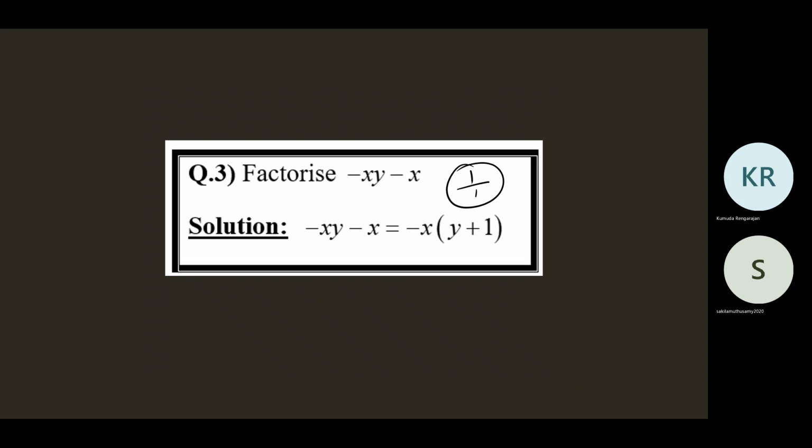See, x into 0 is 0, right? Yes, ma'am. Minus x into y is minus xy. Minus x into plus 1 is minus x. So you don't get marks for this.